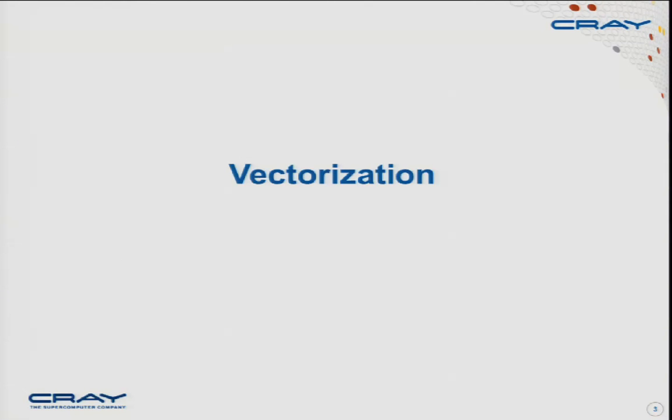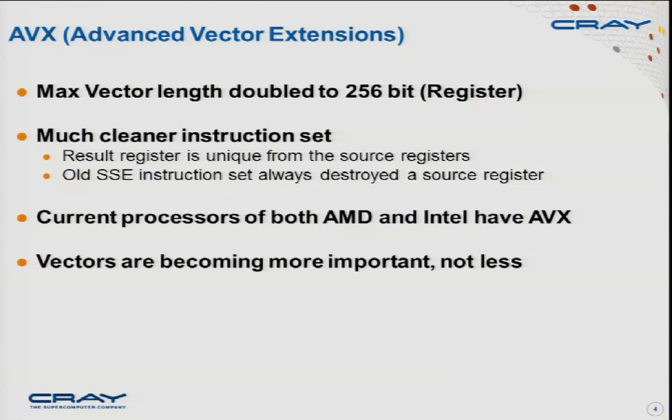So vectorization is going to be our first point. They've talked about this before. AVX is basically the acronym that describes the new instruction set. Its max vector length is doubled. SSE was always 128-bit. This is going to 256-bit. So double the vector length.